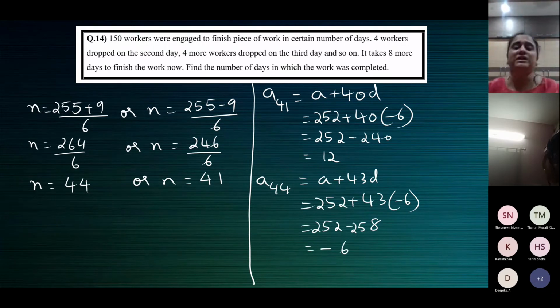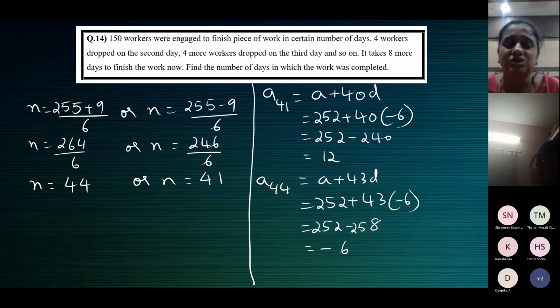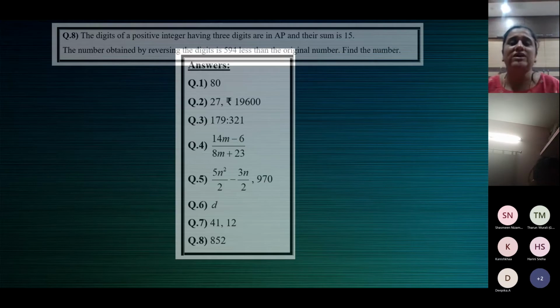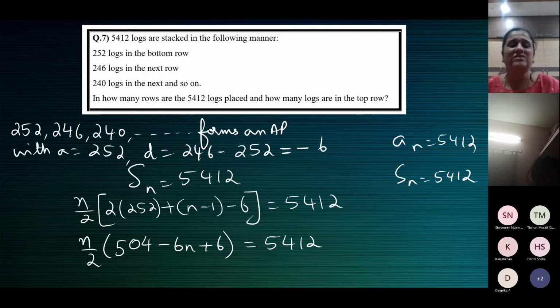So this is meaningless. If you say that the logs are arranged in 44 rows, then the number of logs in the 44th row is minus 6. That doesn't sound right. Why do you get an answer like this? Because they are numbers, that's all. The AP is just numbers. The situation we are giving, but these are just numbers.